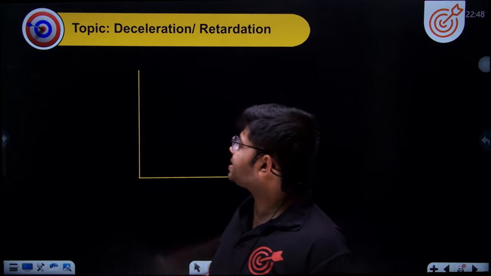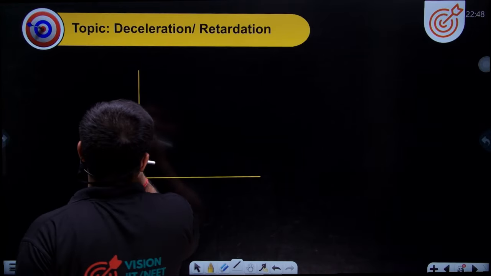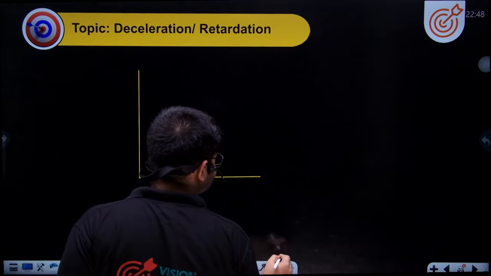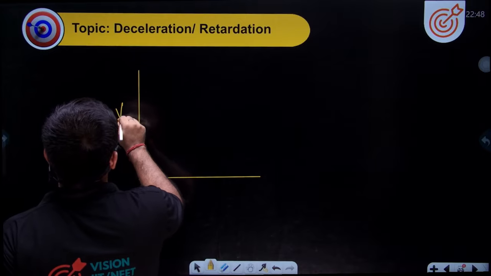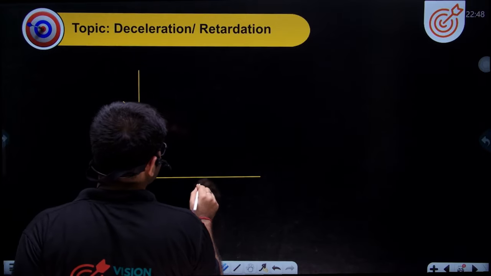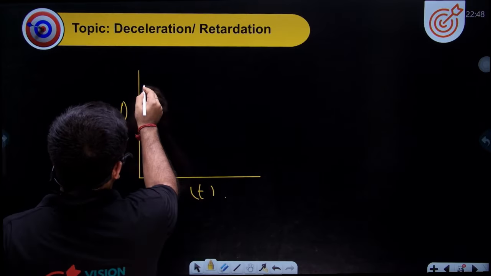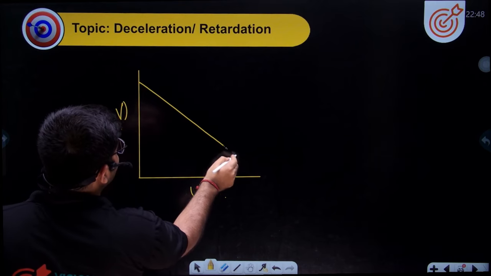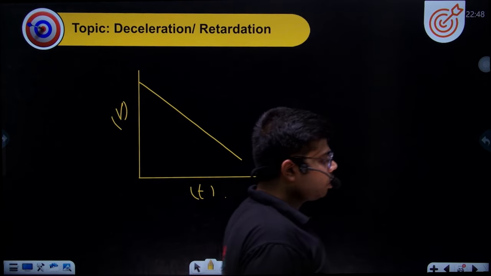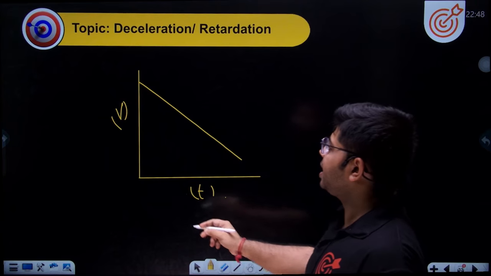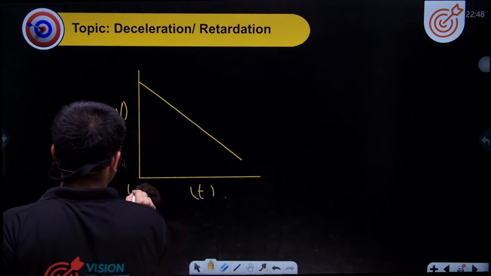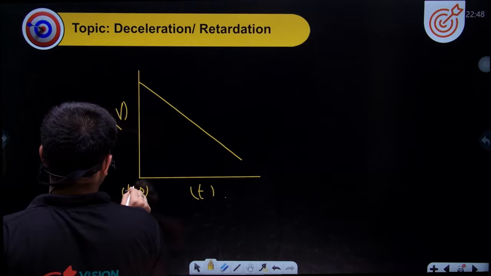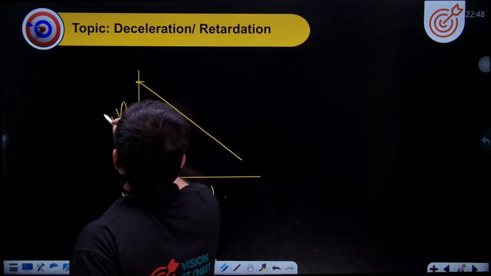And negative acceleration means, suppose we have a velocity versus time graph, something like this. This is our velocity and this is the time, and the plot is like this. What it means is that at time t is equal to 0, my velocity was somewhere here.